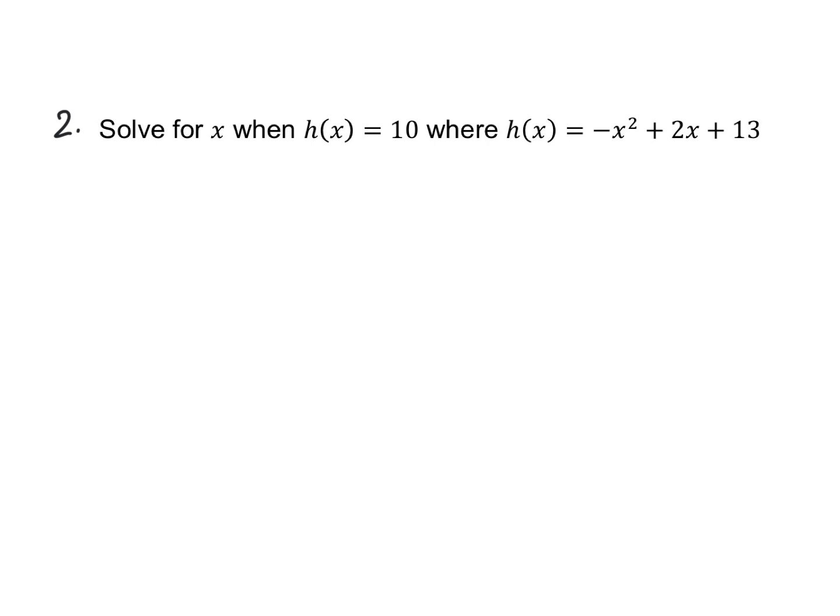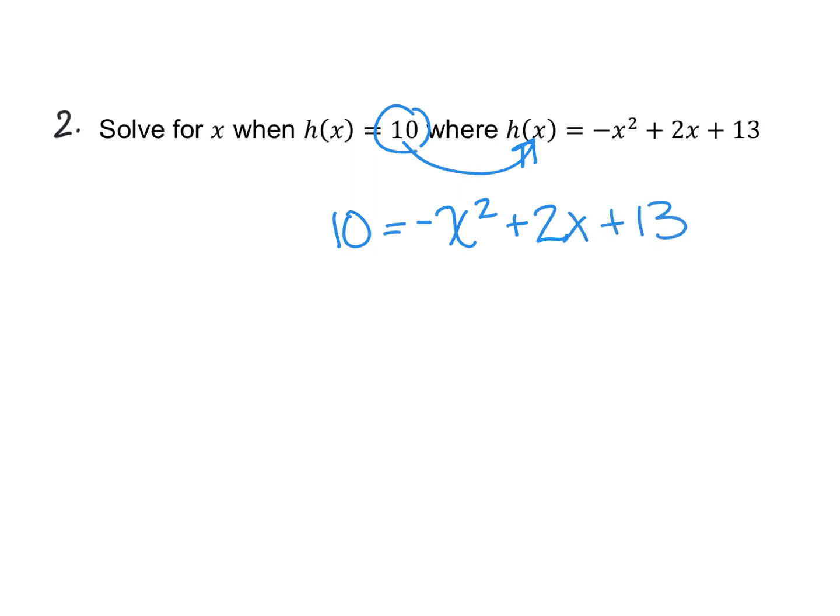All right, so for this one, we solve for x when h of x is equal to 10, where h of x is equal to -x squared plus 2x plus 13. So let's start, and we're going to plug in the 10 where we have that h of x. So we have 10 is equal to -x squared plus 2x plus 13.